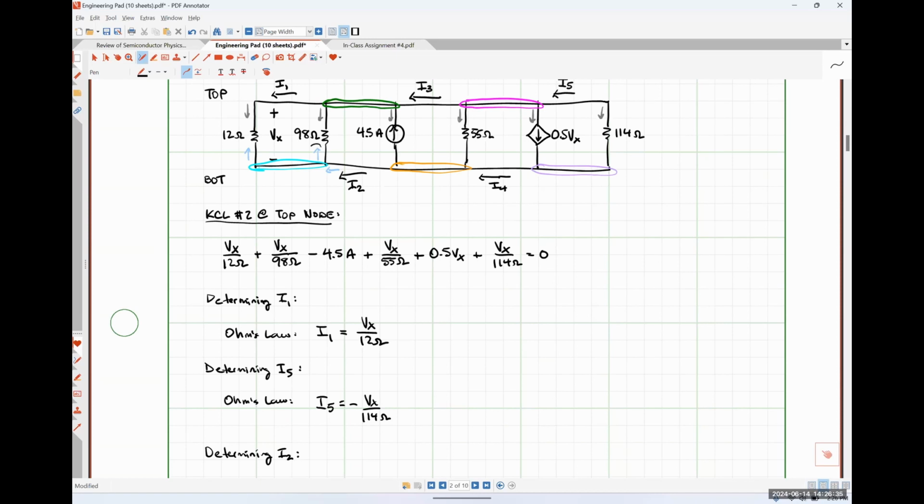Anybody have any thoughts? We're looking at this current right here that I just circled.